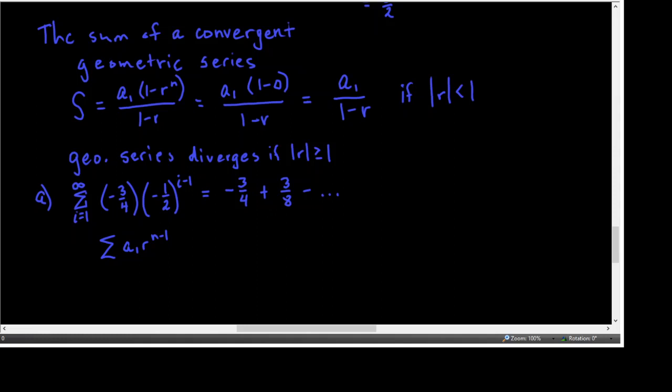So anything that looks like that behind sigma, a constant times a constant raised to n or n minus 1, will be geometric. So using that, I can say this is geometric pretty fast. And I can say, well, the first term is negative 3/4, and r is negative 1/2.